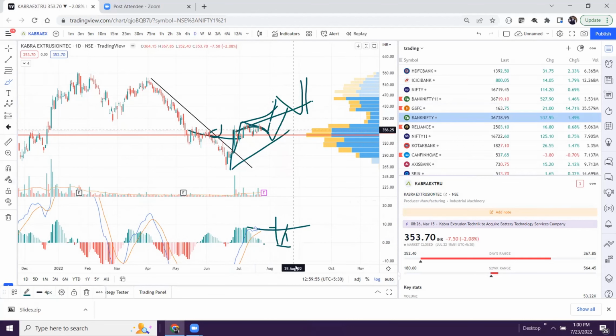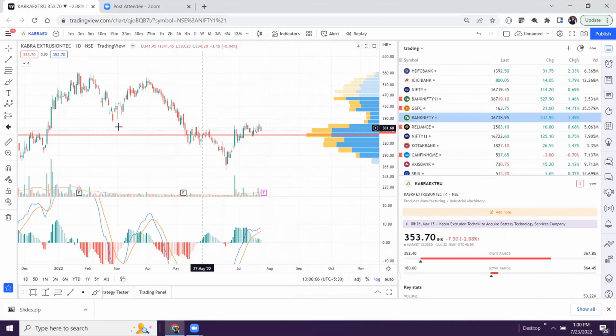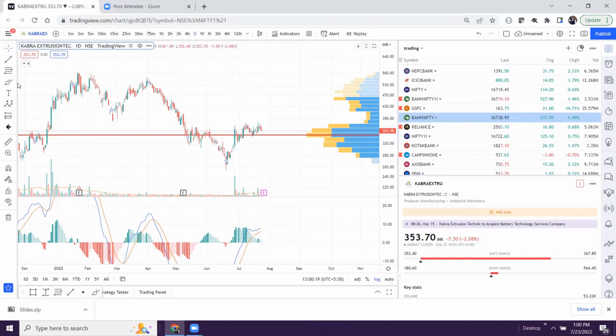But if you get no divergence, then you can hold for more upside. Right now you can see the price is above the previous stop loss, so this is a higher high on daily. And if you get a correction, this should not happen.